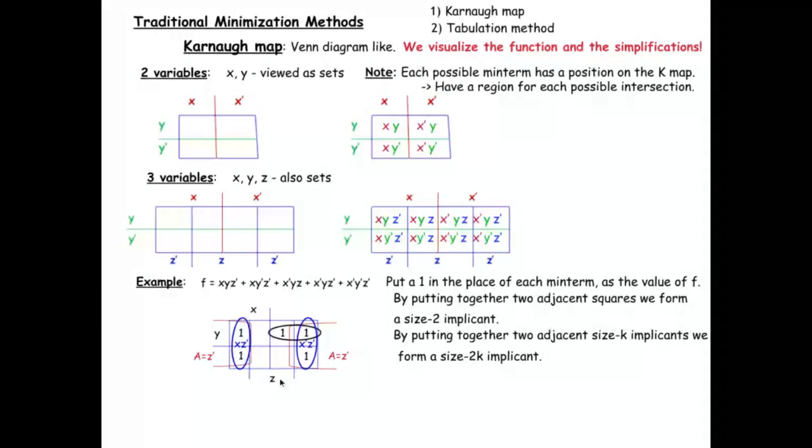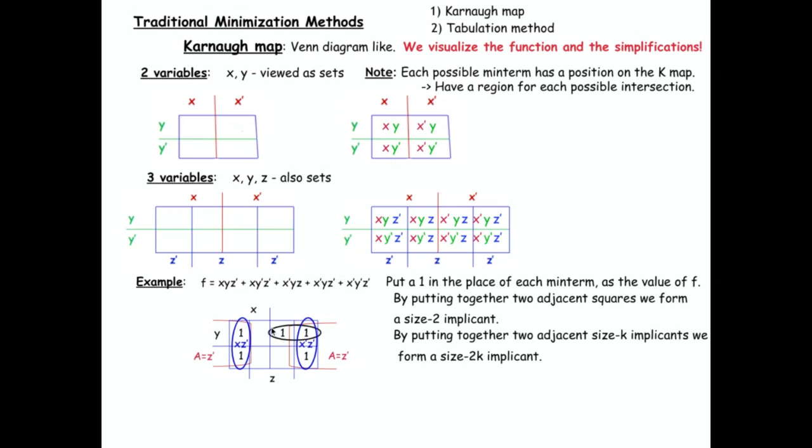Then this function would be expressed as z prime plus complement of x, y, z. But rather than keeping it as its own thing, we'll try to connect it and make it into another implicant.